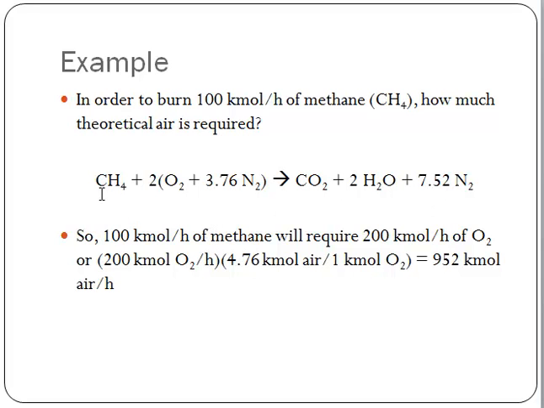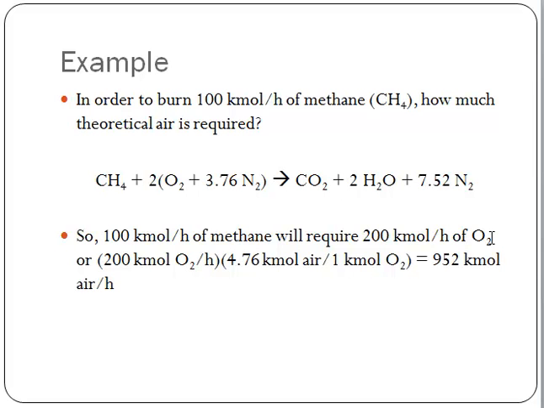So if I have this chemical reaction balanced, and I know I need 100 kilomoles per hour of methane, as long as I am on a mole basis, this is very simple. That says that I need 2 times that number of molecules. Moles per hour counts molecules, so simply multiply by 200 kilomoles per hour of oxygen.